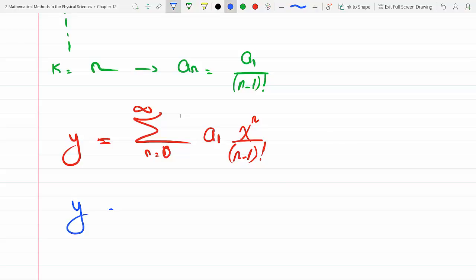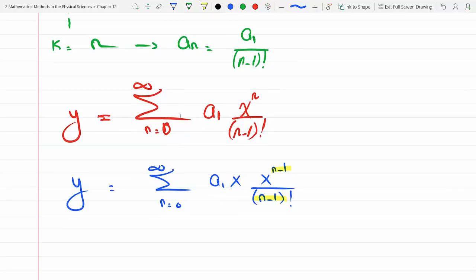I could say this is the same thing as a1x times x to the n minus 1, because x times x to the n minus 1 would give me x to the n, and this is n minus 1 factorial, for the purposes of making this and this the same. And this is from n equals 0 to infinity.